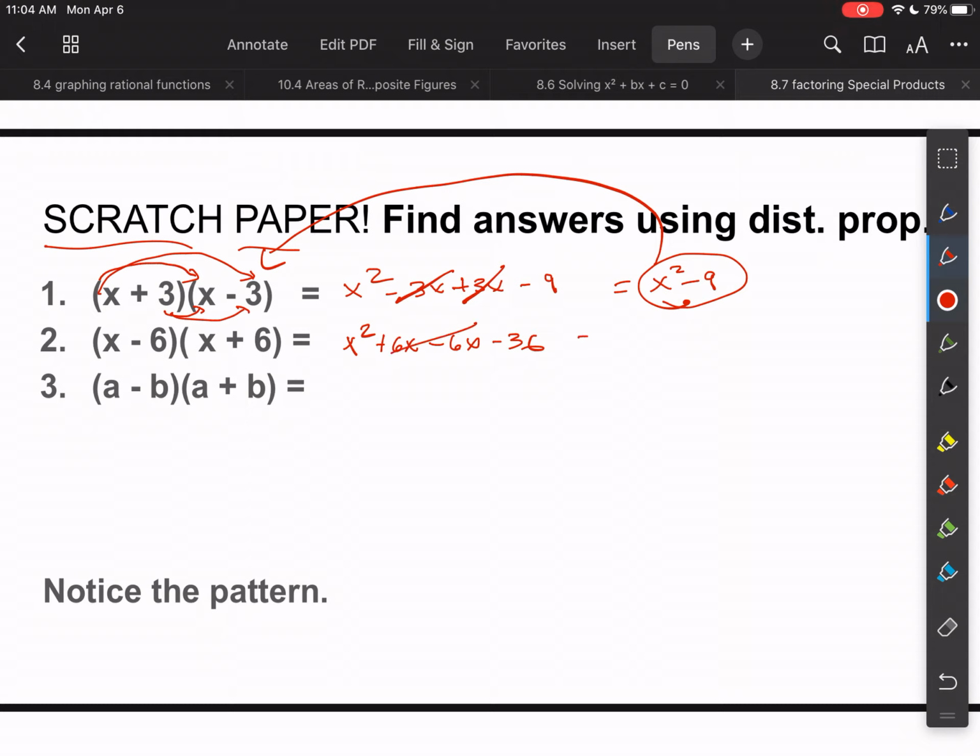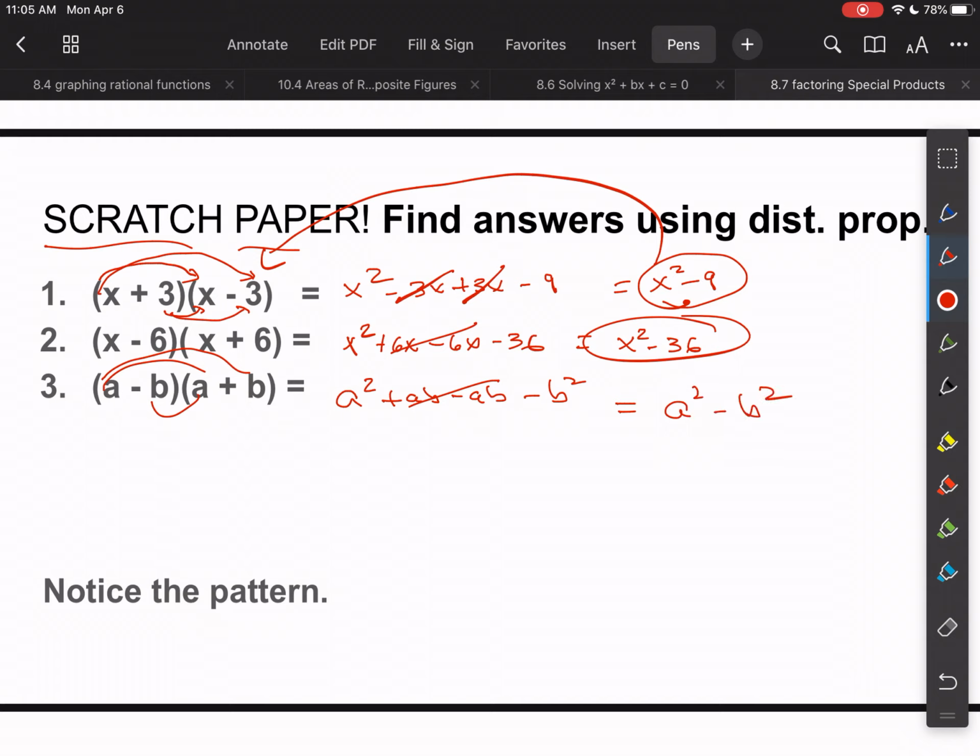These go away, and I'm left with x squared minus 36. If I do this with just an a and a b, I would have a squared plus ab minus ab minus b squared. These go away, and I'm just left with a squared minus b squared.